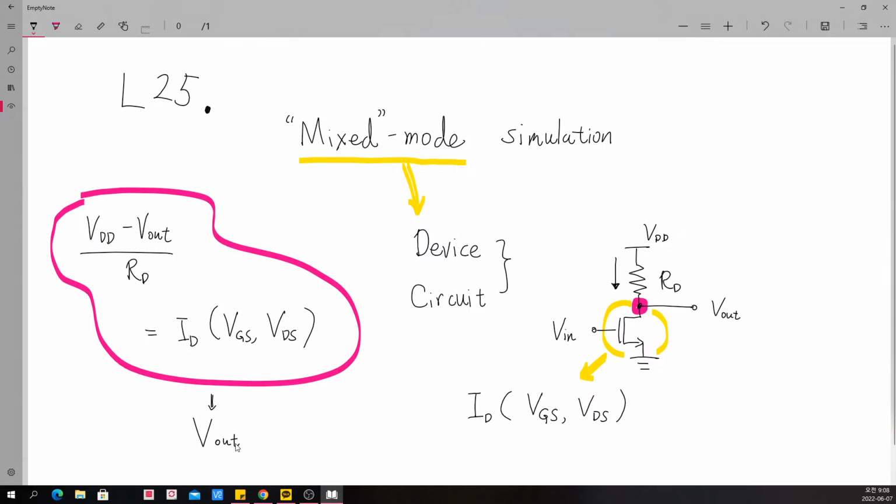So by solving this simple KCL, we can get a solution for our V out. When we consider a pair of V_GS and V_DS, or V out, we will have the input and output characteristics of this single NMOS inverter circuit.